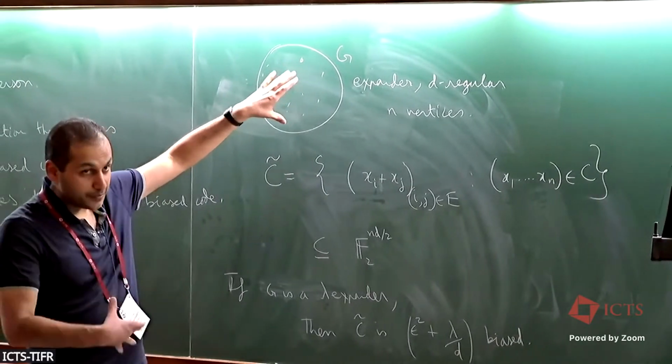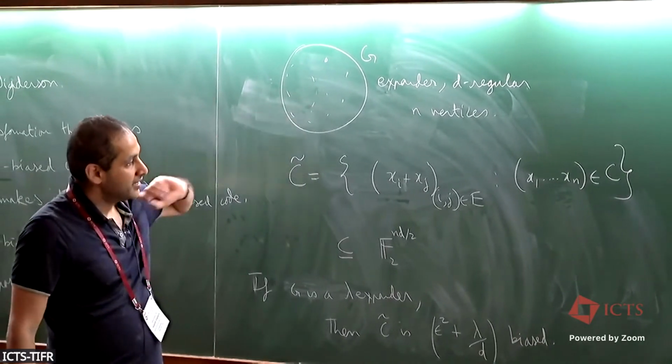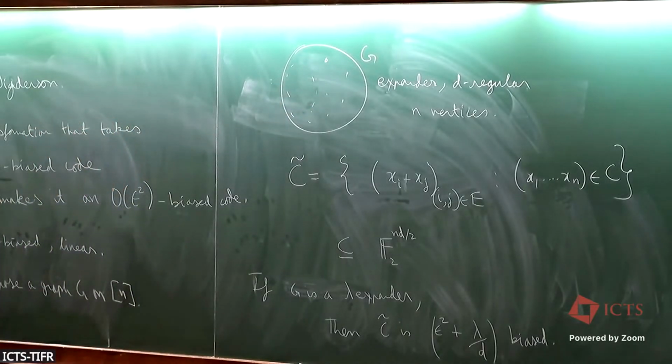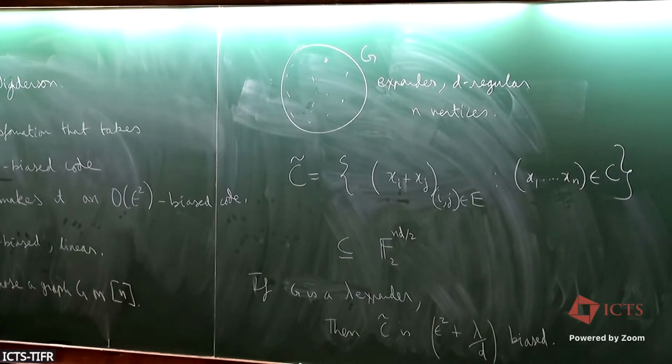That also does bias amplification much better than a single step. And then to de-randomize that walk using ideas from the zigzag product and things like this. With some cleverness, and there are a few details, but not too many, it leads to codes with this behavior.